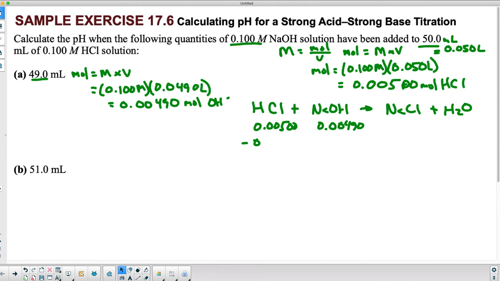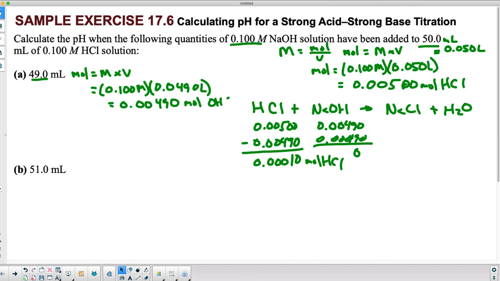When I subtract the two, I get 0 for the base, but I get 0.00010 moles of HCl left over. And that's the important part. This is moles.